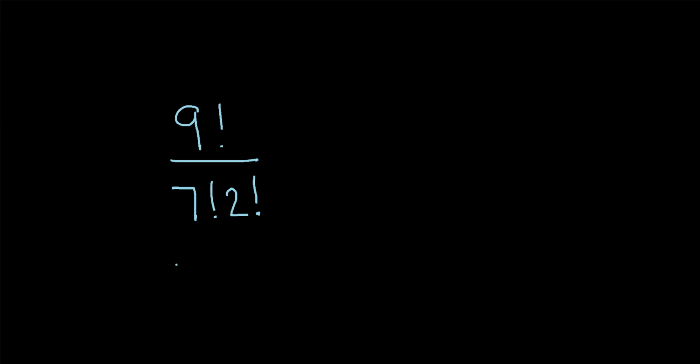All right, let's try this example. Let's say we have 9 factorial divided by 7 factorial times 2 factorial. How could we simplify this one? Well, in the numerator, we have 9 factorial, which is equal to 9 times 8 times 7 times 6 times 5, on and on and on, all the way down to 1.